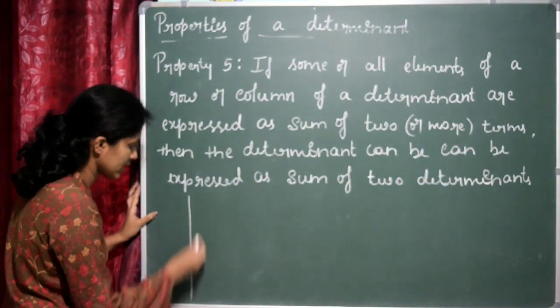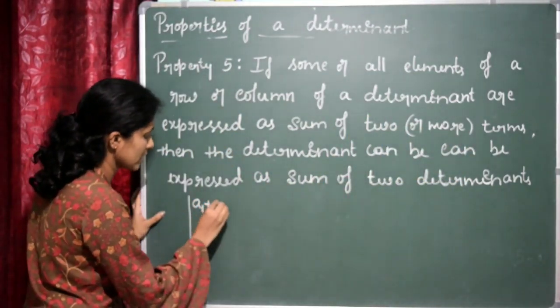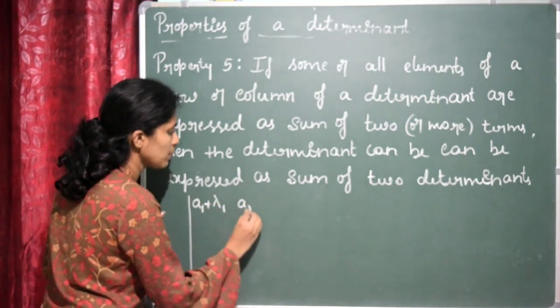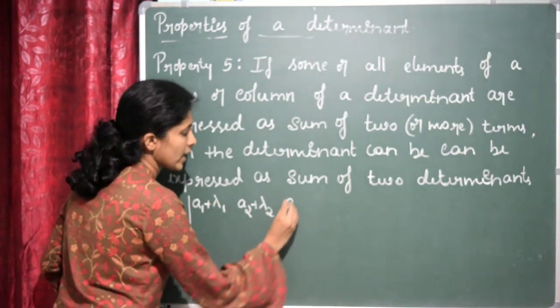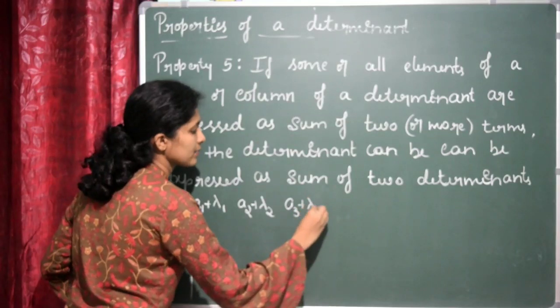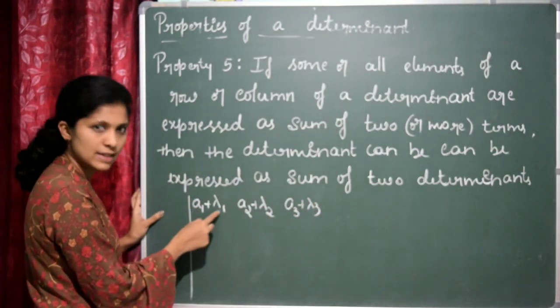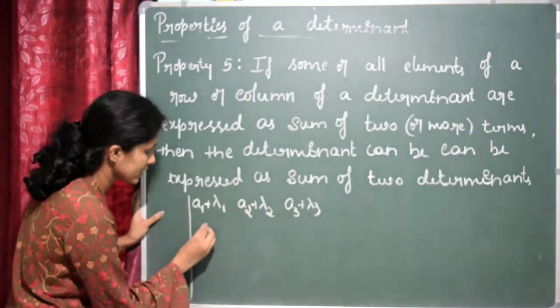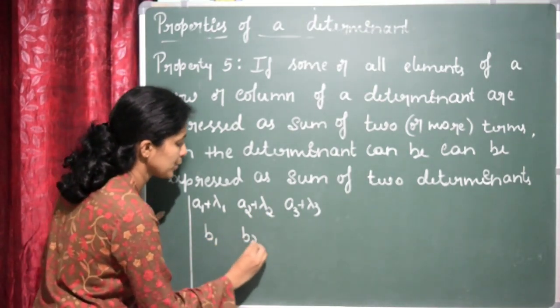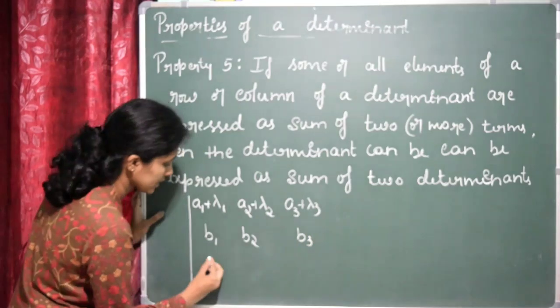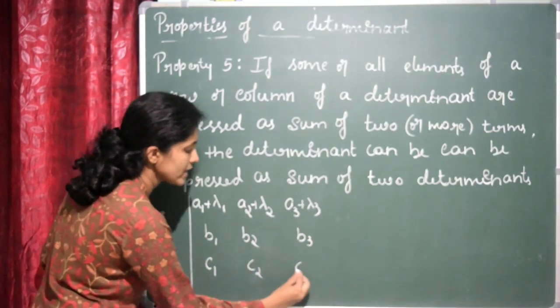See, let me consider this. If I consider a1 plus lambda 1, a2 plus lambda 2, a3 plus lambda 3. Here these terms are expressed as sum of 2, right? a1 plus lambda 1, a2 plus lambda 2, and this let me consider as b1, b2 and b3, and this one I will consider as c1, c2 and c3.